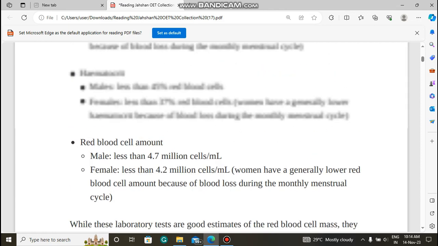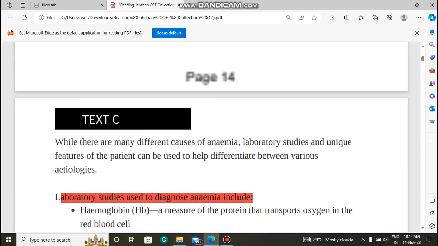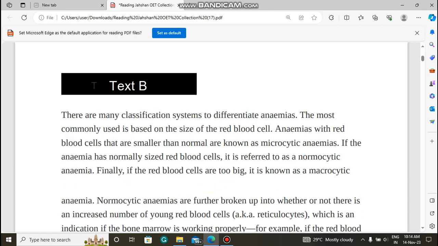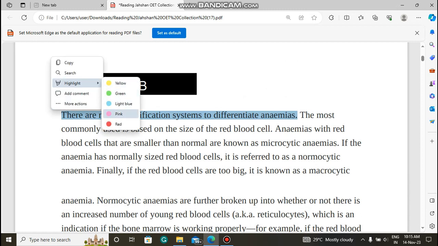Let's move to each section, and in which section did we find the different types of? Yes, there are many classification to differentiate anemia. So in section B we found the term differentiate or classification. So the answer is text B. Answer you will have to write B or just darken the circle below the alphabet B.